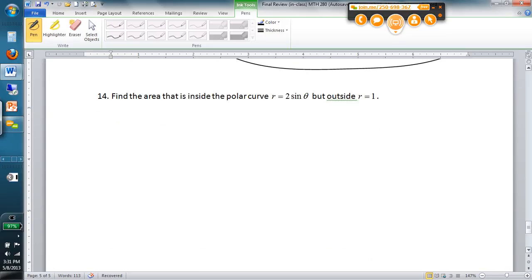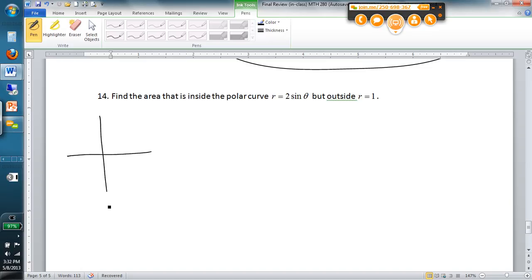Area inside the polar curve r equals 2 sine theta, but outside r equals 1. So finding areas of polar things. Well, let's draw this out. I think I've got it just handy right here.